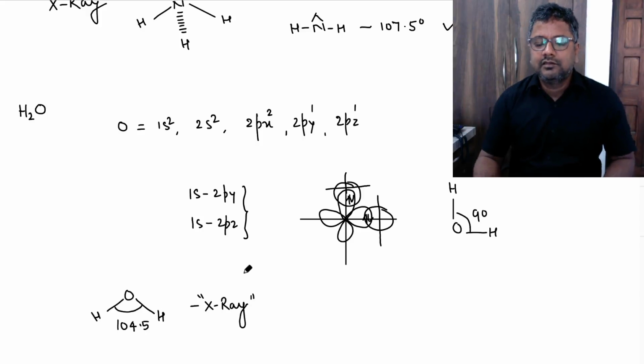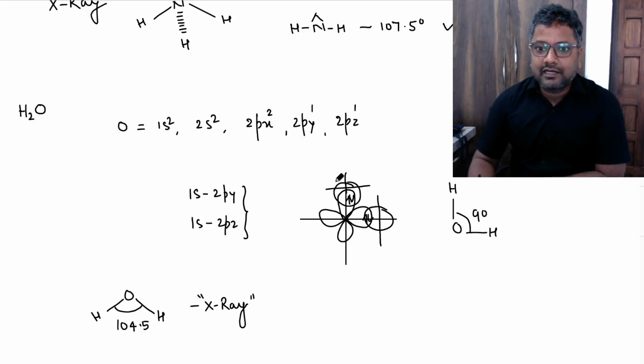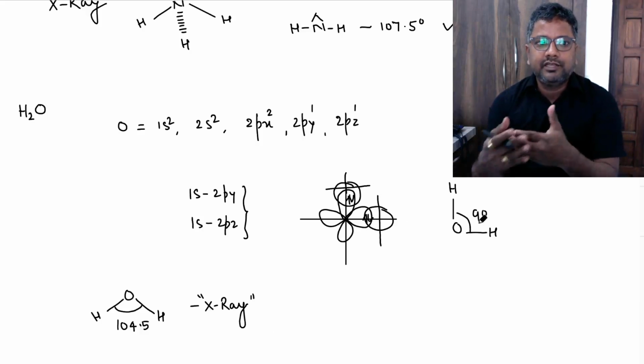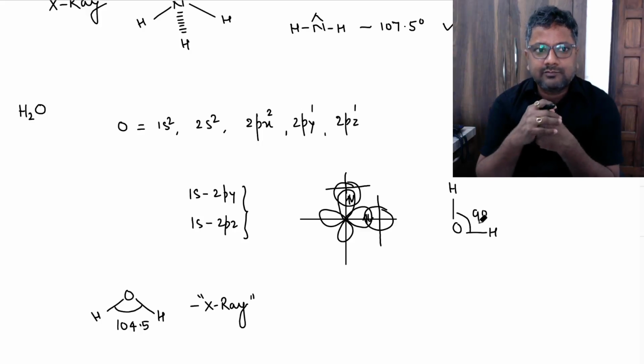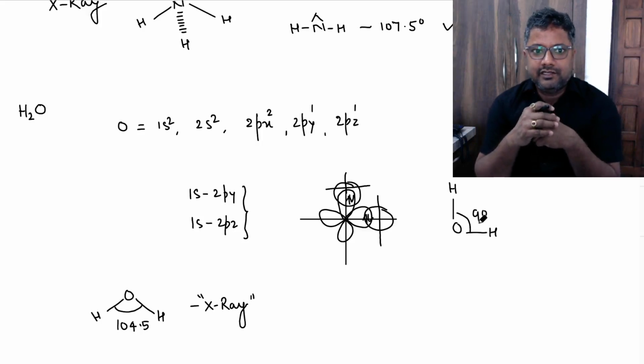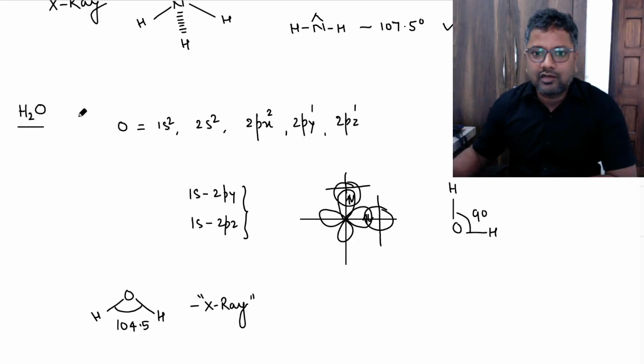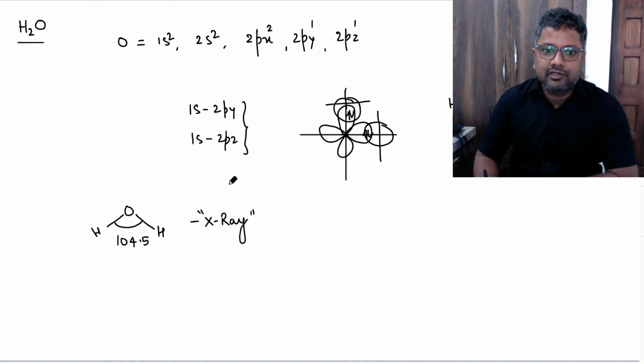So experimentally you are getting 104.5, but the VBT model, which means overlapping of pure atomic orbitals, suggested that it should be 90 degrees. See, I have taken these three basic, smaller molecules. So this theory cannot explain the formation of these molecules.